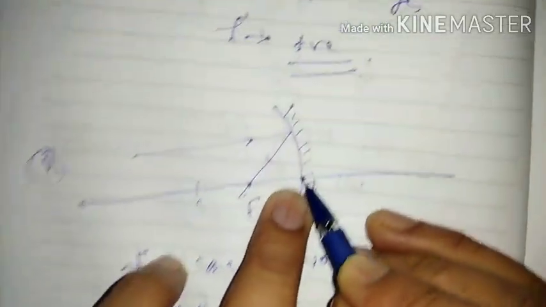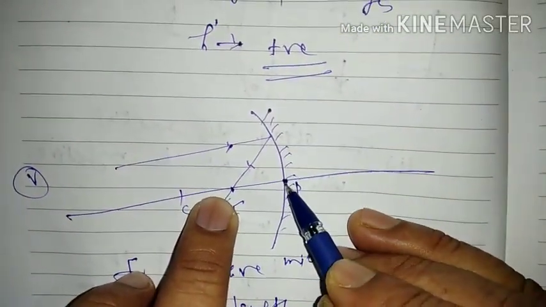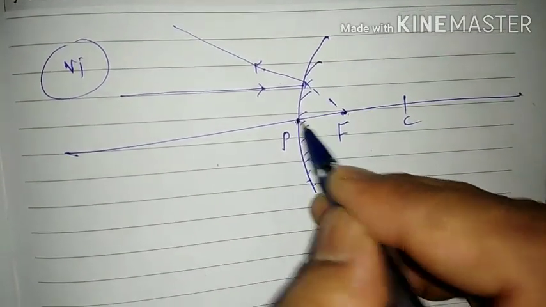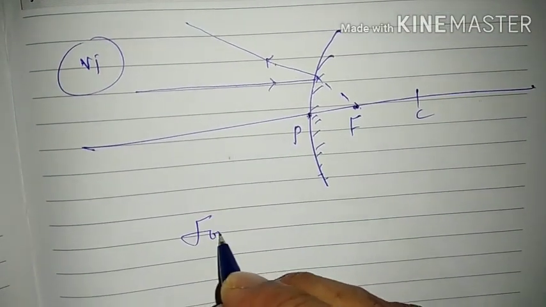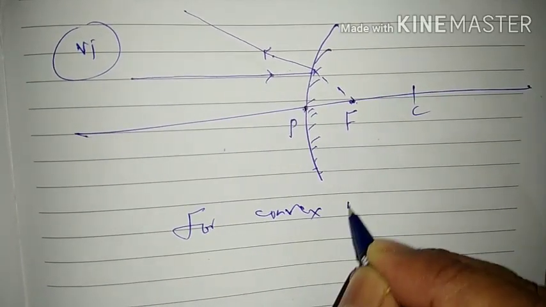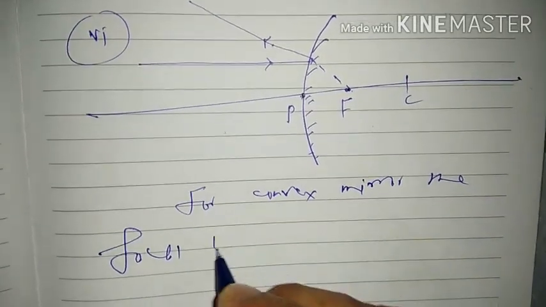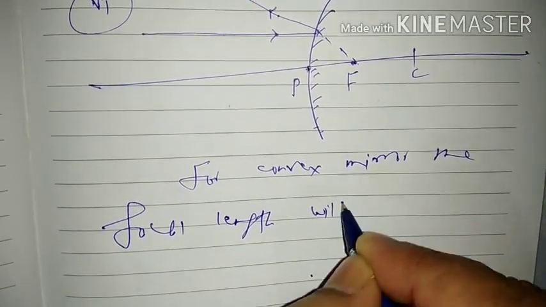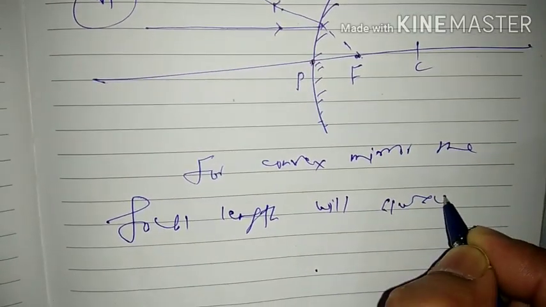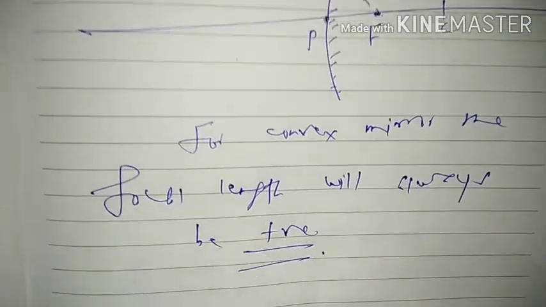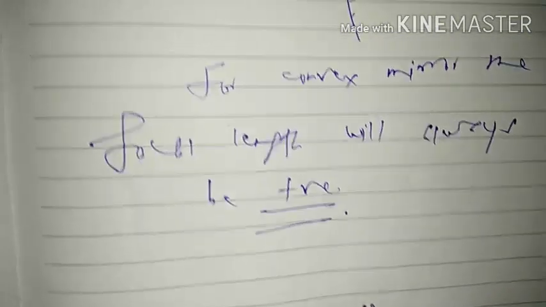In the case of a concave mirror, the principal focus is left of the mirror, so the focal length becomes negative. But for a convex mirror, the focus is right of the pole, so for a convex mirror, the focal length will always be positive.